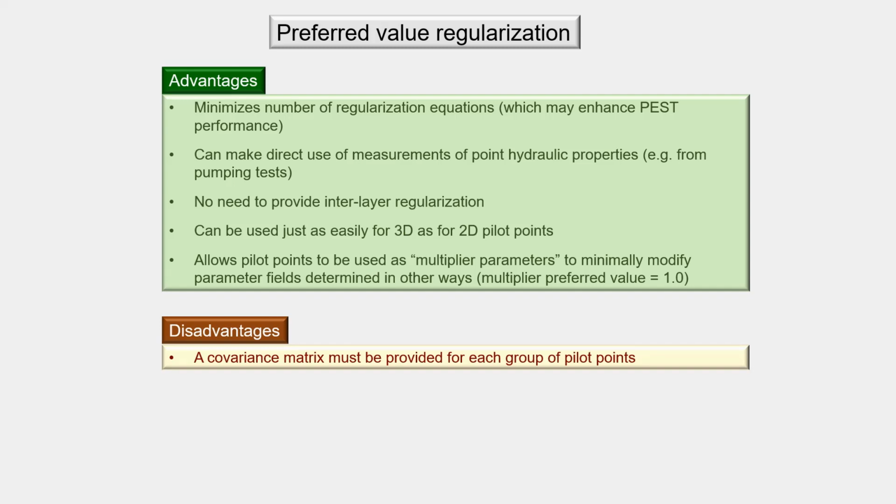It can be used just as easily for 2- and 3-dimensional pilot points. It can be used just as easily for different parameter types, whether they pertain to a hydraulic property such as hydraulic conductivity, or whether they pertain to a multiplier on hydraulic conductivities or any other parameter type. Yes, the disadvantage is having to build that covariance matrix, but that's not too hard, really.